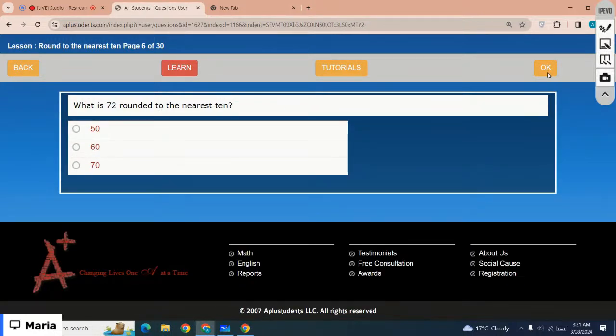What is 72 rounded to nearest 10? Which is the correct option? Yes, 72 is rounded off to 70. The correct option is 70.